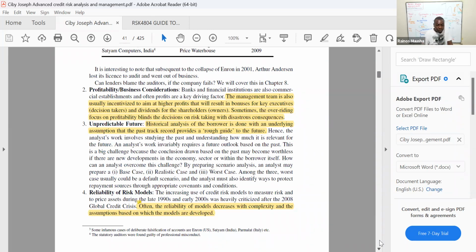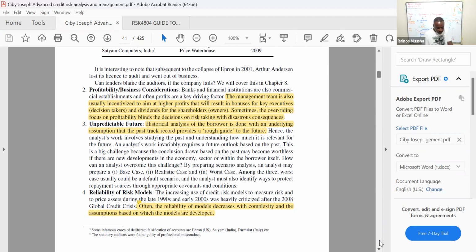Which means they were taking on more risk than was desired because of the pursuit of profits. So one of the issues that you come across in credit risk analysis is that banks are always caught between regulation and profit maximization.